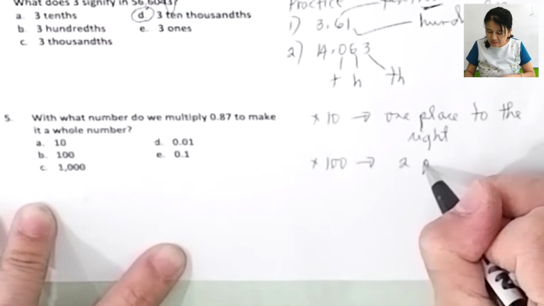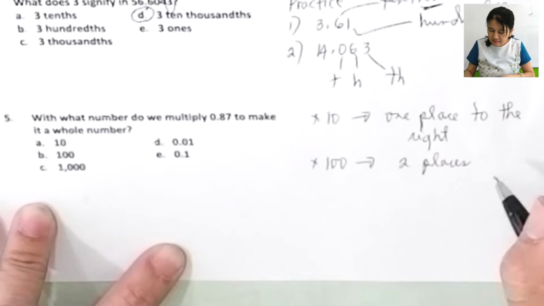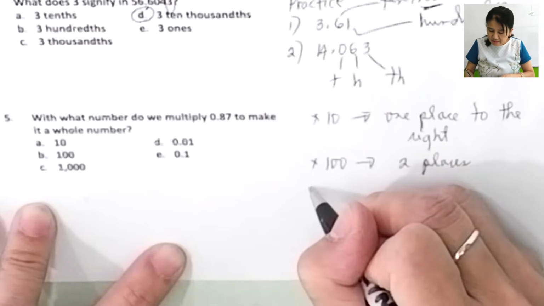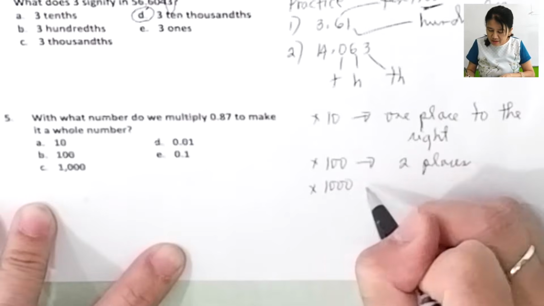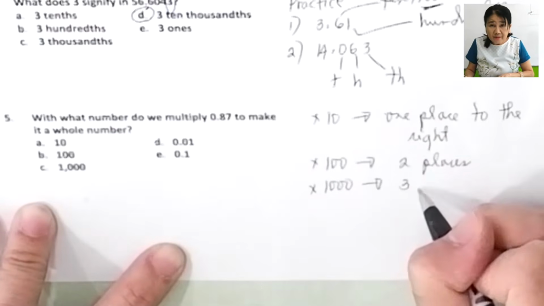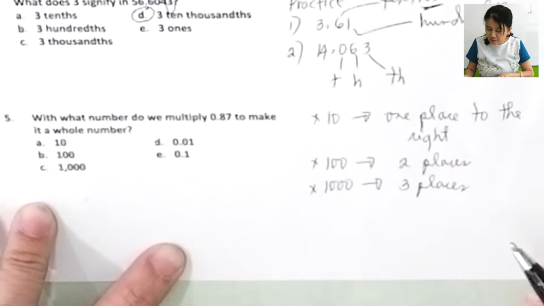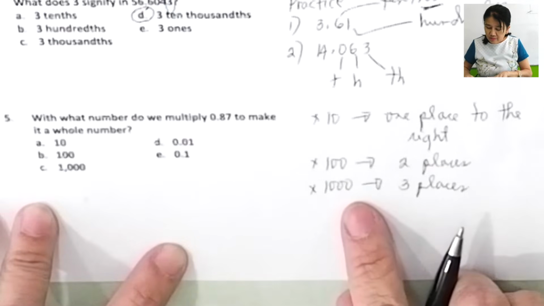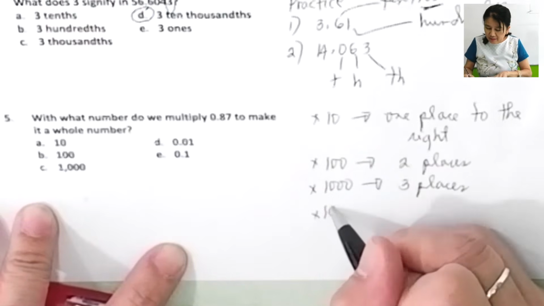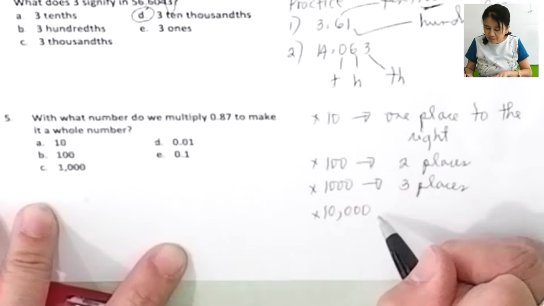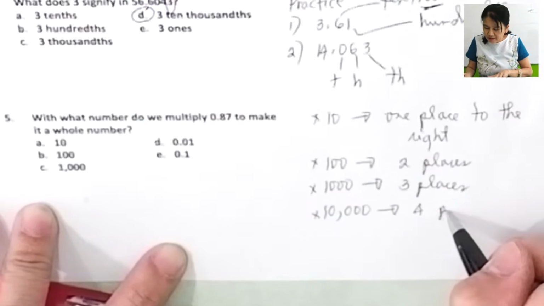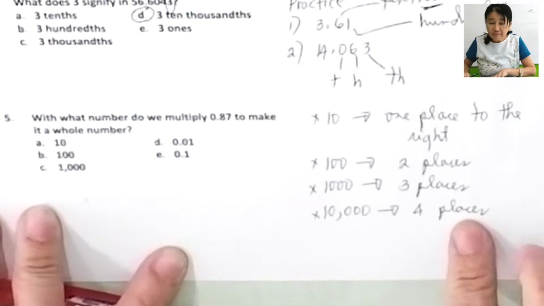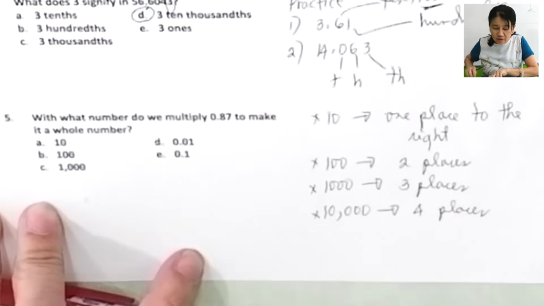Two places to the right. Always to the right. When you multiply by 1000, you move the decimal point three places to the right. So, if we multiply by 10,000, we move the decimal point four places to the right. Remember that, and so on and so forth.